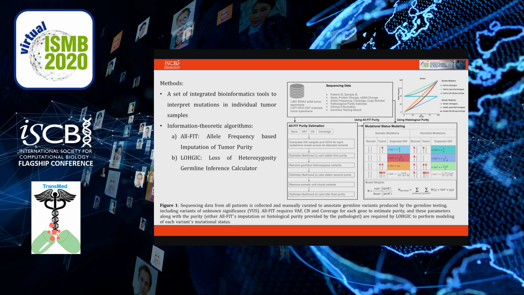Figure 1 shows a schematic of the processing methods as well as the detailed explanation of both algorithms, which are mostly based on modeling the likelihood in a binomial distribution, calculating Akaike information criterion weights, which can be used to compare the likelihoods, and can be used by LOGIC as likelihoods for mutational status.